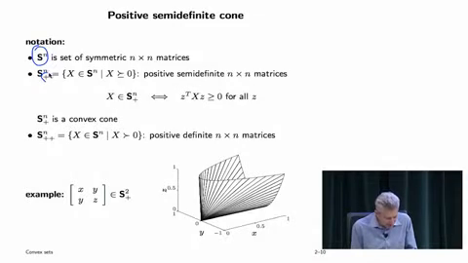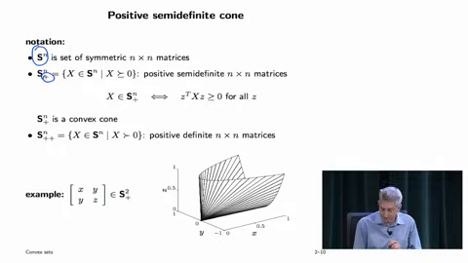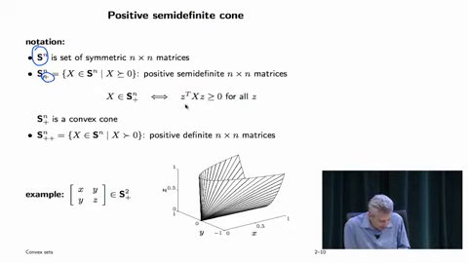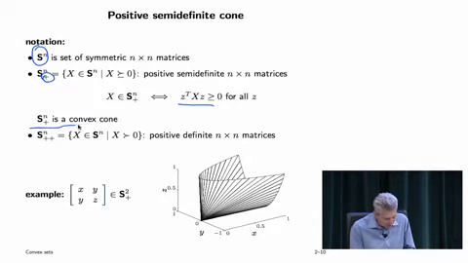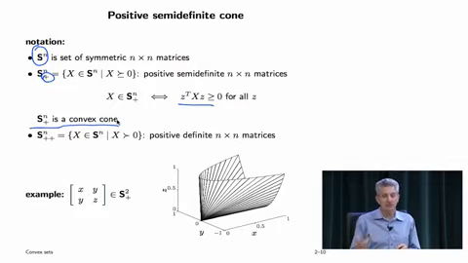If you put a plus at the bottom, that's the set of positive semi-definite n by n matrices. What that means, of course, is that this quadratic form, z transpose Xz, is bigger than or equal to 0 for any z you pick. And that's a convex cone. What that means is, if you take two positive semi-definite matrices and take a non-negative linear combination of them, you get another positive semi-definite matrix.